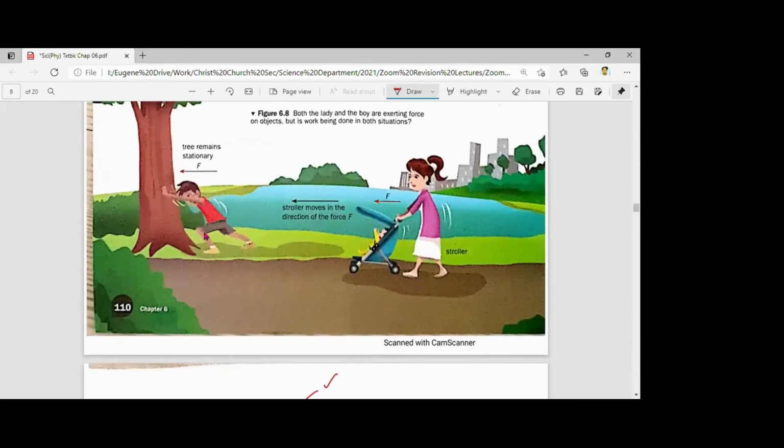For work to be done, you must make sure the object moves and the force is applied. If you look at this scenario, you can see the tree remains stationary because the tree did not move. This boy, no work done. For this lady, the stroller is moving in the presence of a force. So that's why this one, yes, work done.